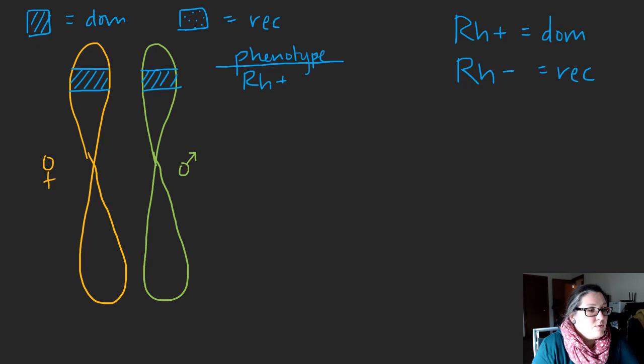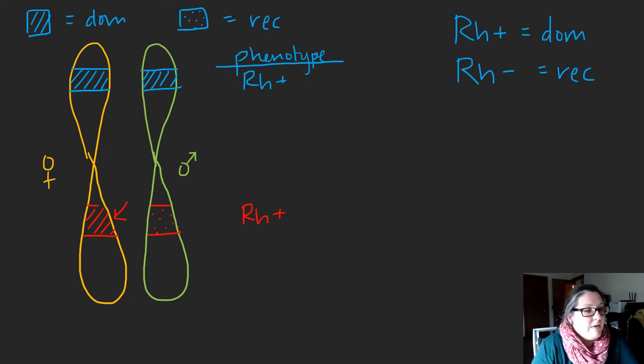We can have an individual that is a heterozygote for this. And their phenotype is also going to be Rh positive because they have the dominant there.